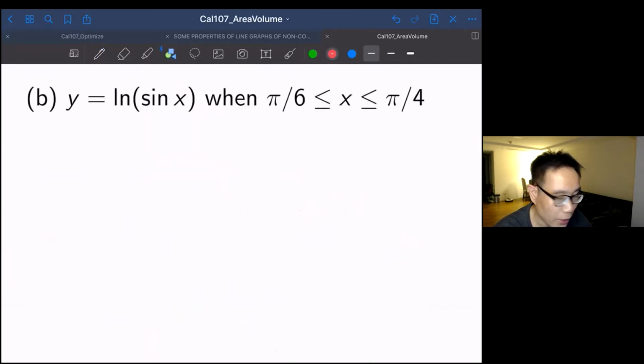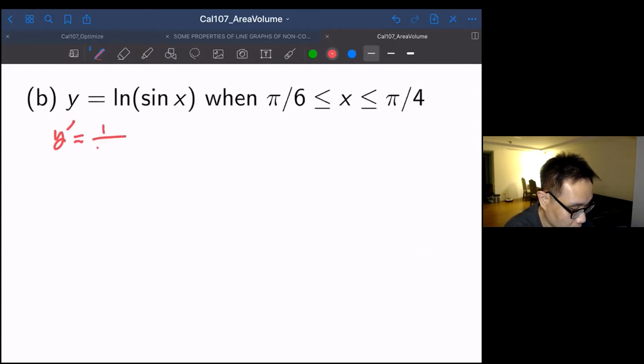You have y equal to log sin x, and you have x between pi/6 and pi/4. So for this one, you're going to have y prime. The derivative of log sin x is going to be 1 over sin x times cosine x.